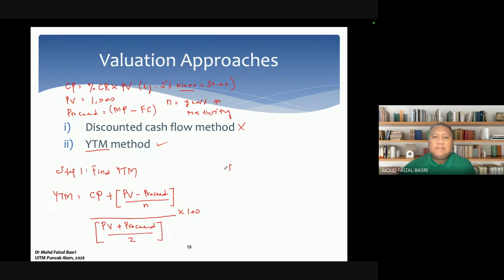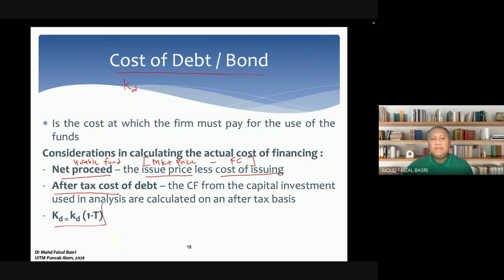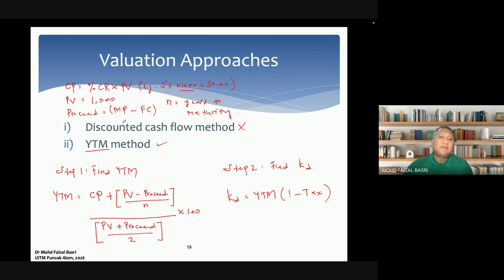Once you've done this, kita akan conclude dengan step yang kedua, find KD, find the cost of debt lah, ataupun find the after tax cost of debt. So to find the KD, we take the YTM yang kita calculate from step number 1, and we're going to multiply dengan 1 minus T. Okay, so this portion applicable for both discounted dengan YTM.